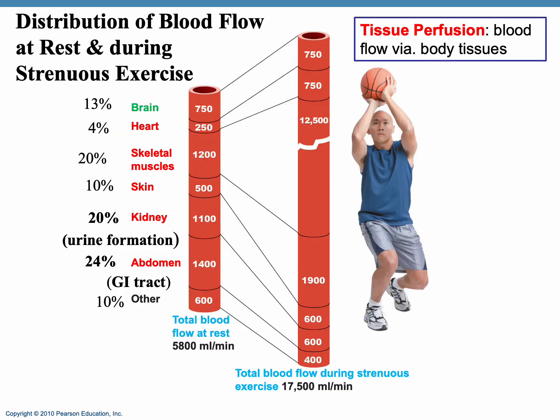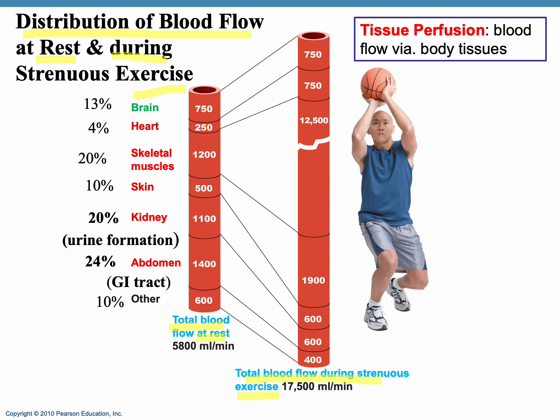We now take a look at distribution of blood flow at rest and during exercise. Somebody's doing cardio. This diagram is looking at different locations in the body where we look at total blood flow at rest in comparison to total blood flow during exercise, the cardio.